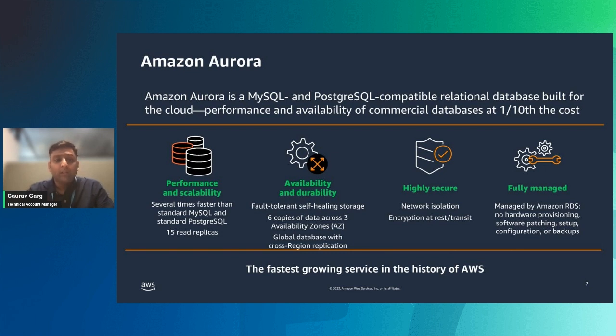It is scalable. You can have up to 15 low latency read replicas. And especially using Amazon Global Database, which supports multi-region read replication, you can maintain low latency copies across not just AZs but regions. All your backups are stored on S3, and you also have the option of fast backtracking using the point-in-time restore.